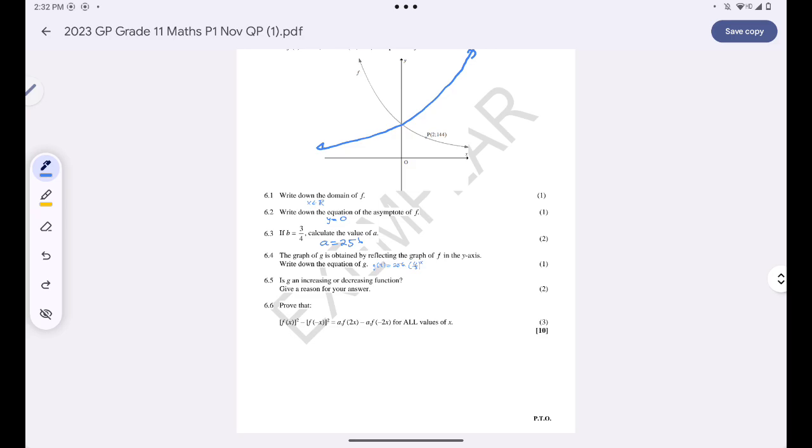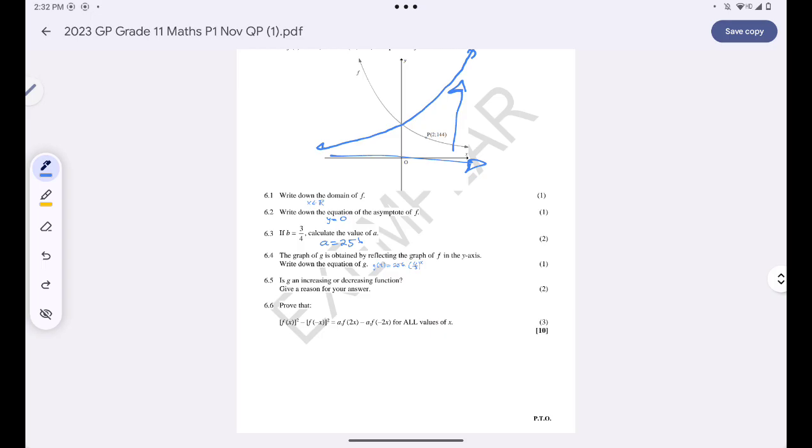Is g increasing or not? I would say g is increasing. Why am I saying that? Because as x increases, whenever you move towards the right, the graph keeps on going up, which simply means y increases as well. Are you together?